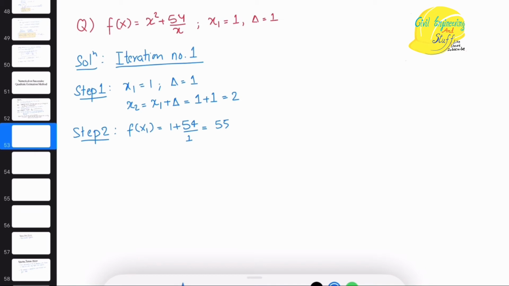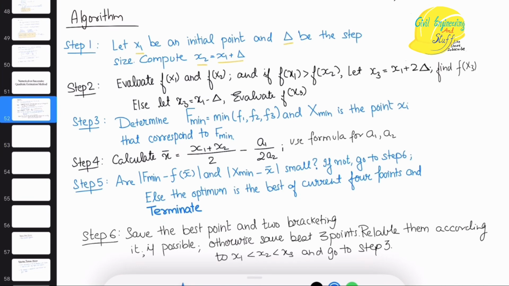And f(x2), our x2 is 2, so we will have 2 square plus 54 by 2, this is equal to 31. And we can see that in this case f(x1) is greater than f(x2), and as we have seen, if f(x1) is greater than f(x2), then we will find out the next point x3 using this relationship.